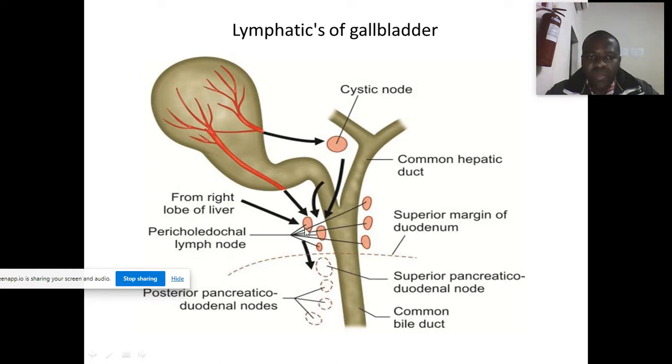We have other nodes. What are their names? Pericholedochal lymph nodes. So we have drainage from the right lobe of the liver, and other lymph systems. But I've just given you the general function of the lymphatics.